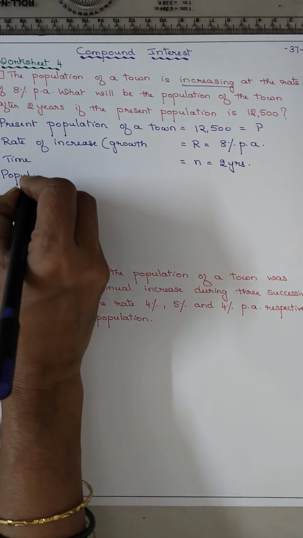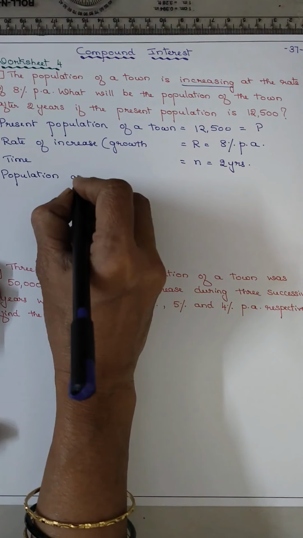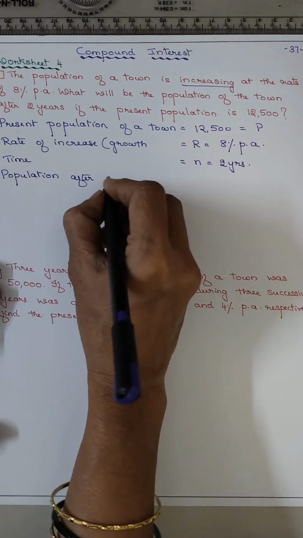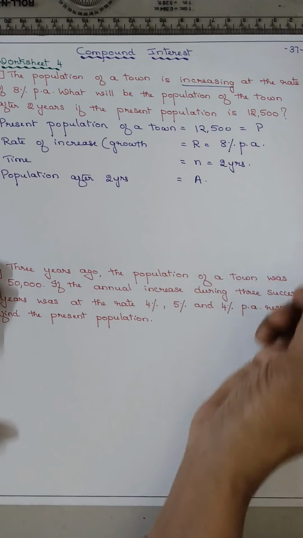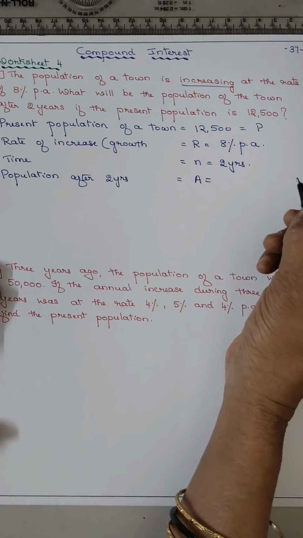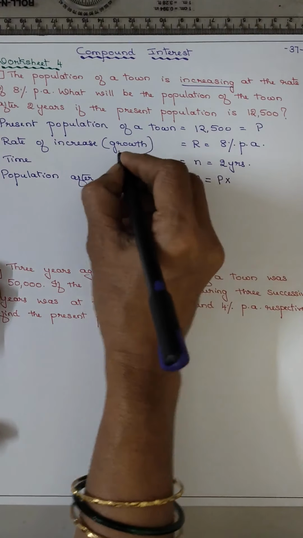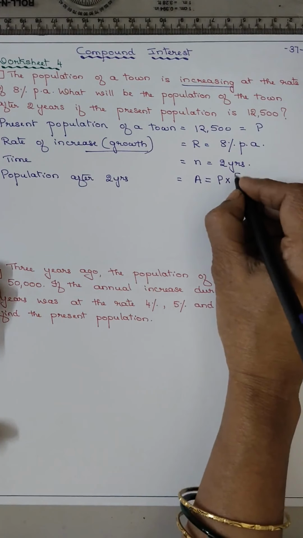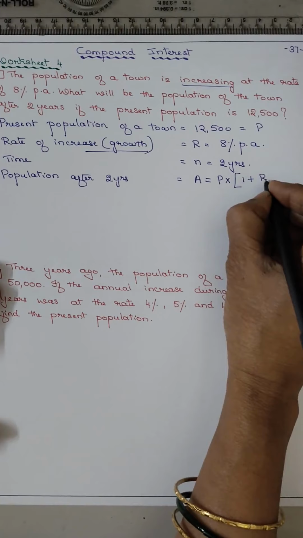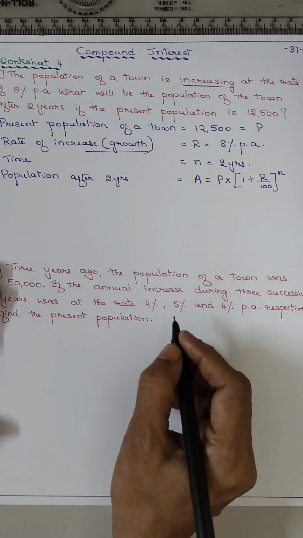Population after 2 years, that is A. What is the formula? A is equal to P into, it is growth, that means add, isn't it? 1 plus R upon 100 the whole raised to N.